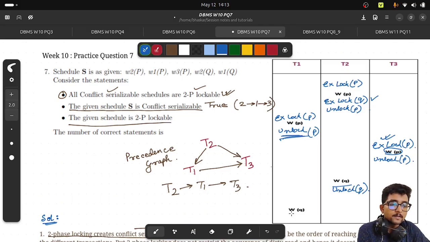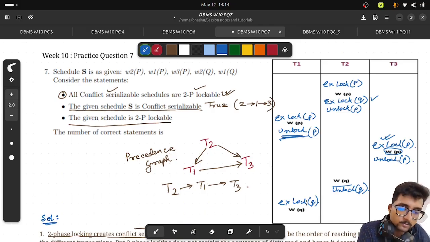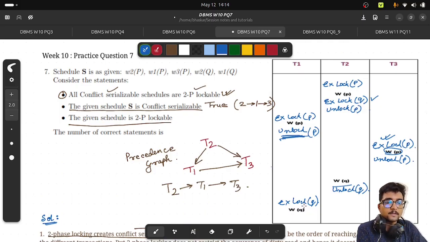But here again we cannot take an exclusive lock on Q now, because we have started unlocking, and according to the two-phase locking protocol we cannot do that. So this is the trouble, and that's why we cannot do the locking for this schedule according to the two-phase locking protocol.